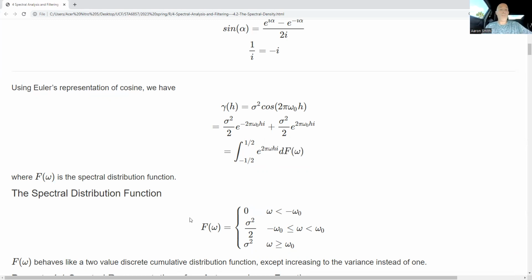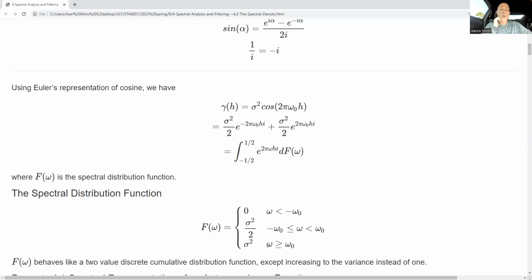For this particular example, the spectral distribution function is going to be 0 when omega is less than negative omega sub 0, sigma squared over 2 when omega is between negative omega sub 0 and positive omega sub 0, and equal to sigma squared when we have a larger value of omega.